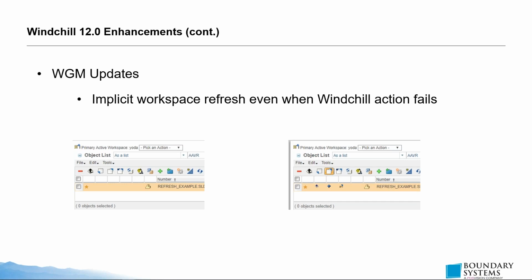In previous versions of the Workgroup Manager, if it failed, your workspace never refreshed, which means you didn't see the latest and greatest information associated with that item or any other items that may be in your workspace. Moving forward into 12, that application now, no matter what happens, it will automatically refresh your workspace.